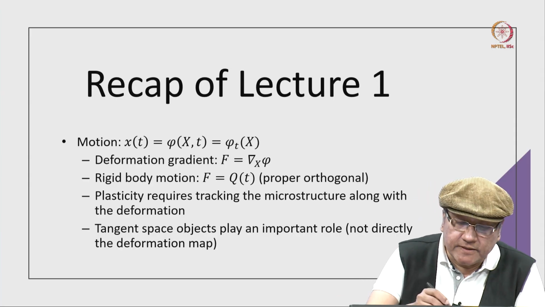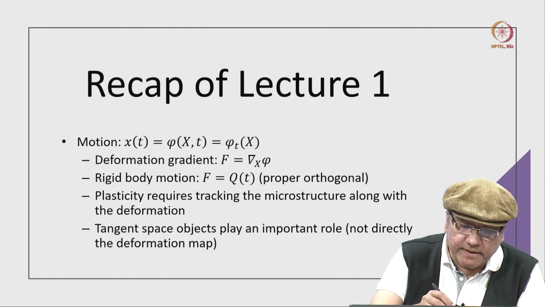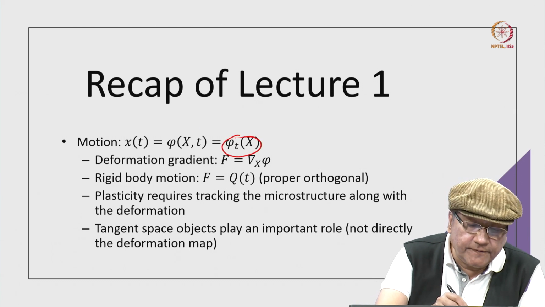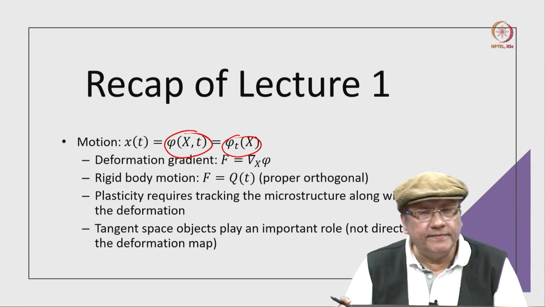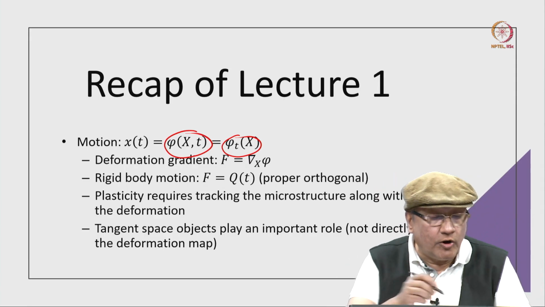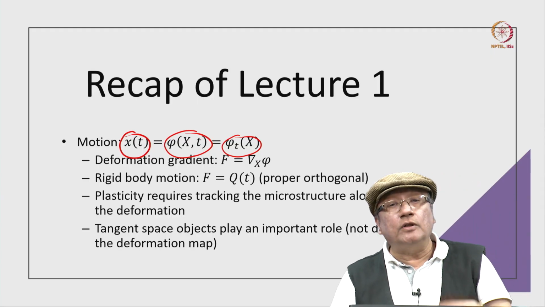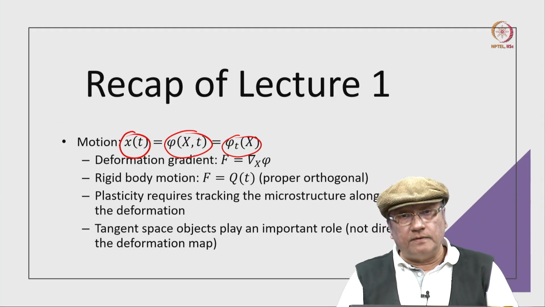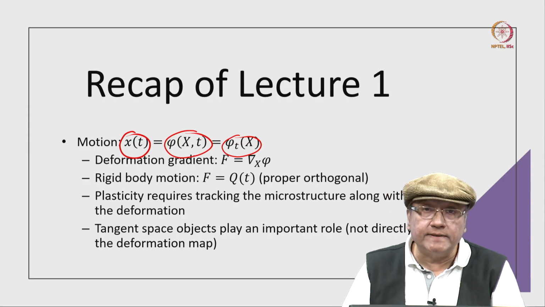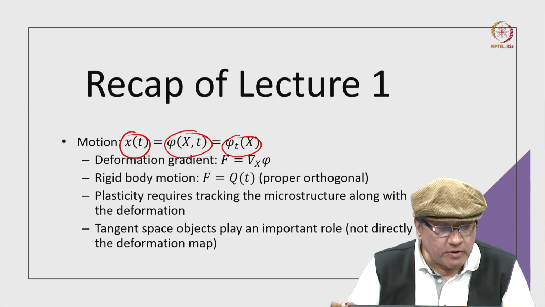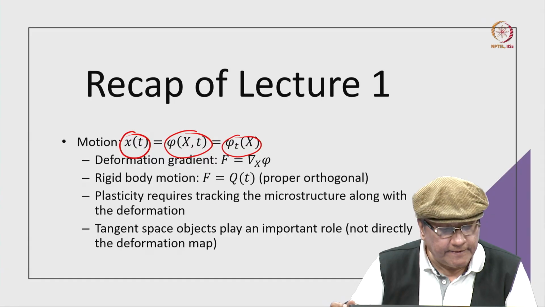We also write it as phi_t(X), or phi of X and t, and the result is the deformed point, small x_t. Recall that capital X is the coordinate cover of the referential configuration and small x the same for the deformed configuration under the map phi.